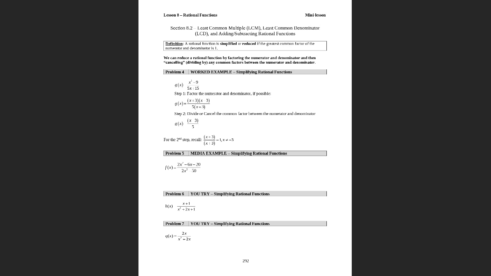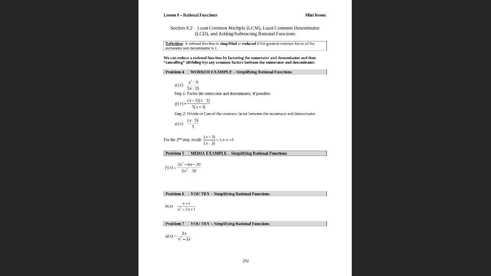So look at problem 4. With problem 4, we've got x squared minus 9. That is a difference of two squares, if you remember that. And then we have 5x plus 15.